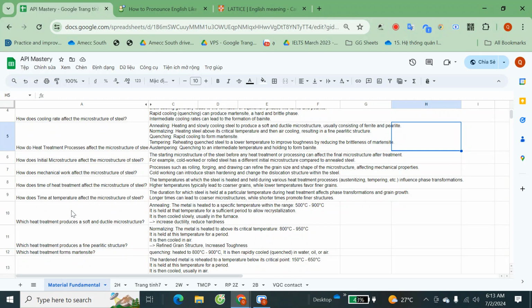It is held at that temperature for a sufficient period to allow recrystallization. It is then cooled slowly, usually in the furnace, to increase ductility and reduce hardness.